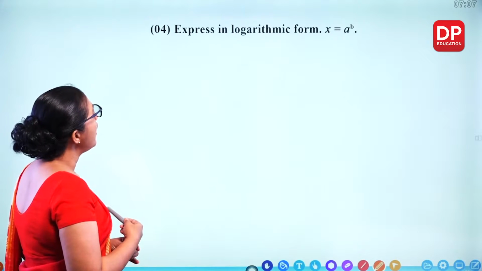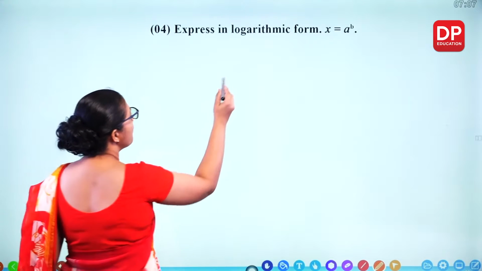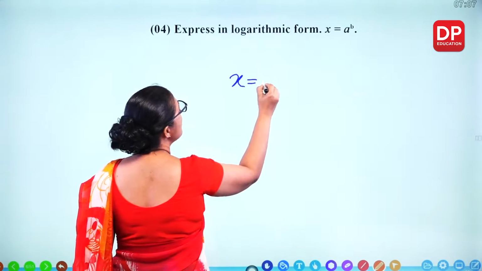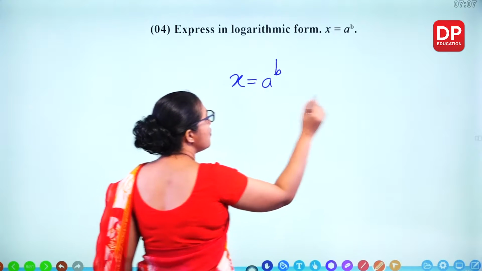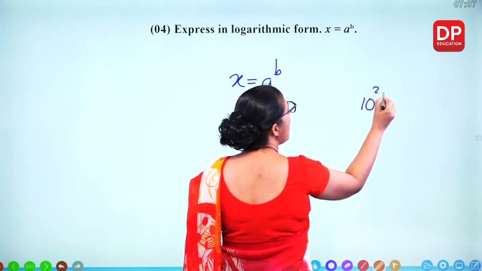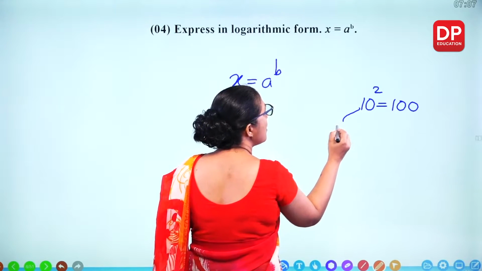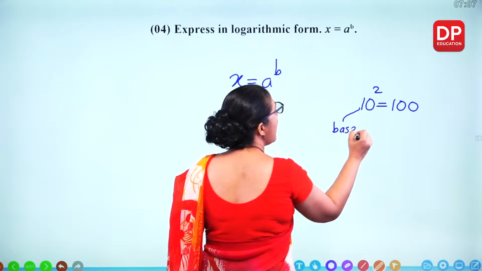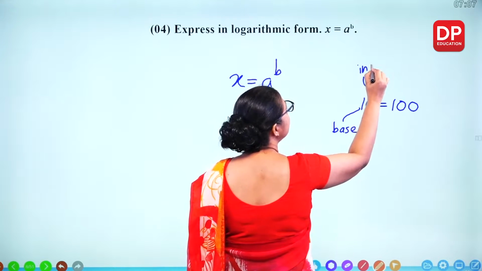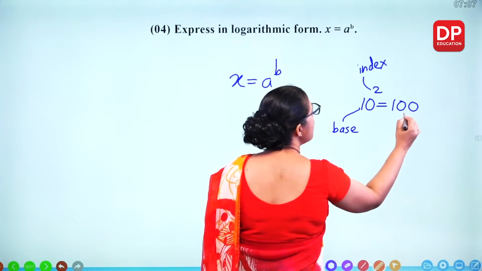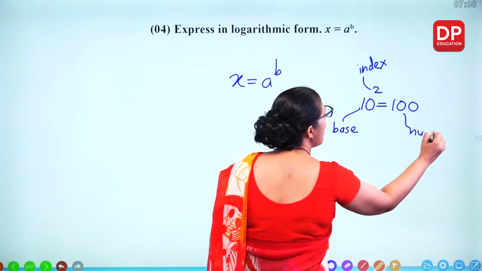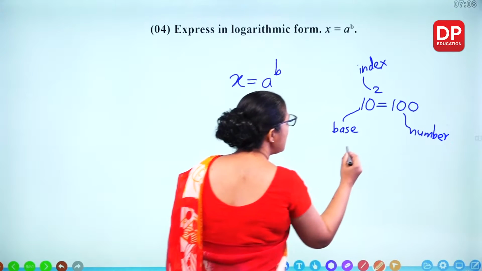Question number 4. Express in logarithmic form, x equals a to the power b. Can you remember this? 10 squared is 100. When you take this, this is the base, this is the index and this is the number. How do you write it in log notation?